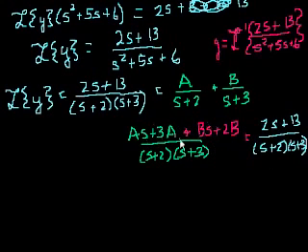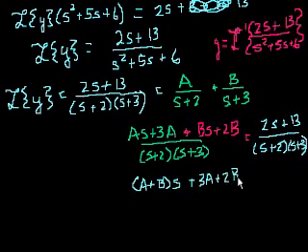So we have (a plus b)s plus (3a plus 2b) is equal to 2s plus 13. So the coefficient on s on the right-hand side is 2. The coefficient on the left-hand side is a plus b.